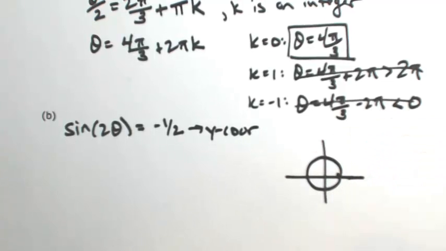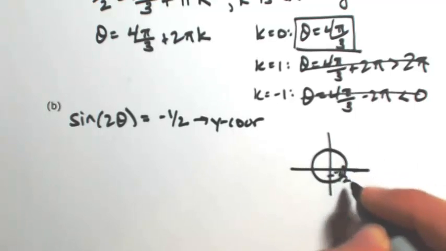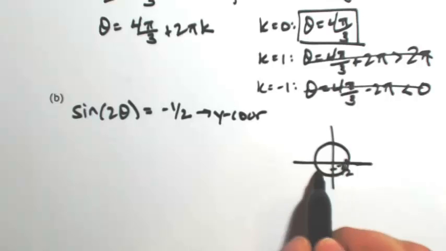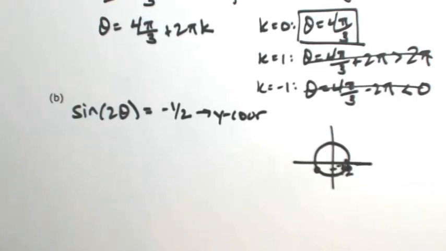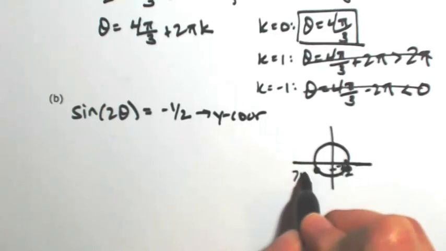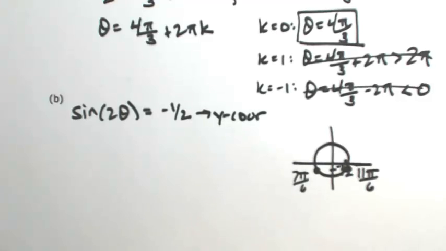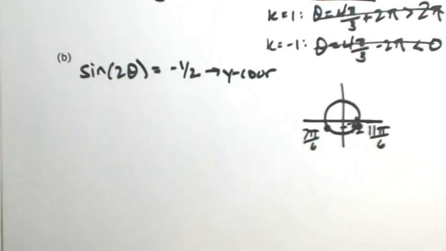Looking on the unit circle, I'm looking for where the y-coordinate is negative 1/2. There are two possibilities here. Where y is negative 1/2 is going to be at 7 pi over 6 and 11 pi over 6. The sine of each of those is negative 1/2.